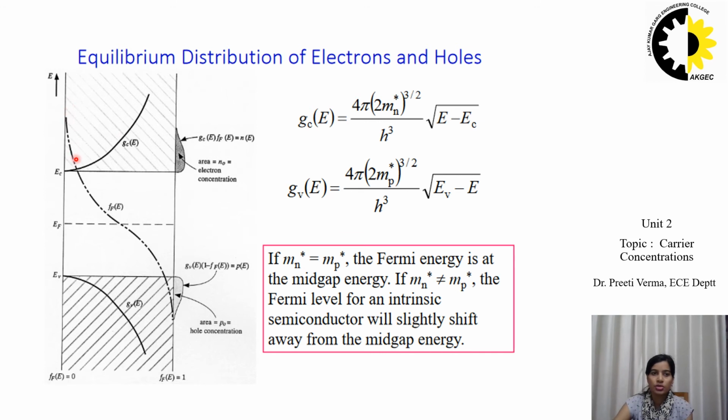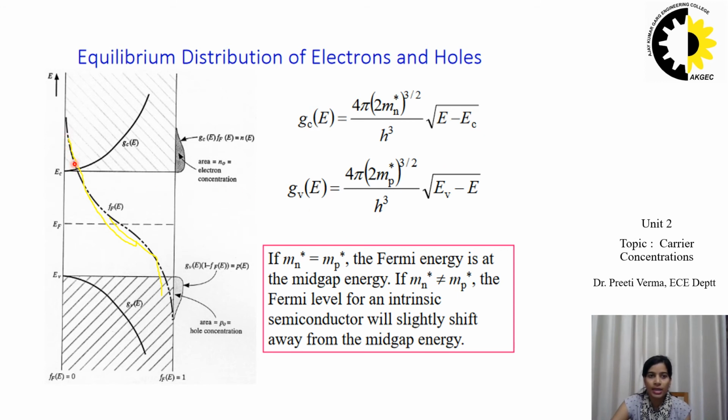This line going downwards is the Fermi distribution function that we have seen in the previous discussion. If we draw the function Gc(E), it will be a rising function, and Gv(E) will be a falling function with variation in energy level.